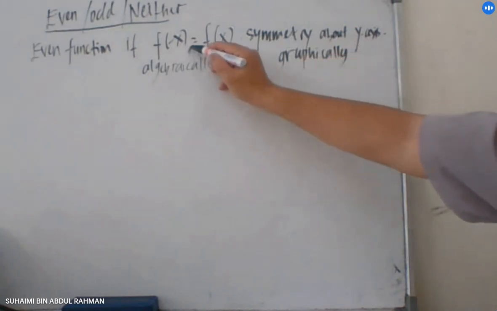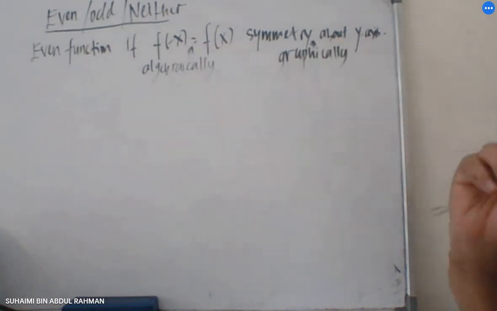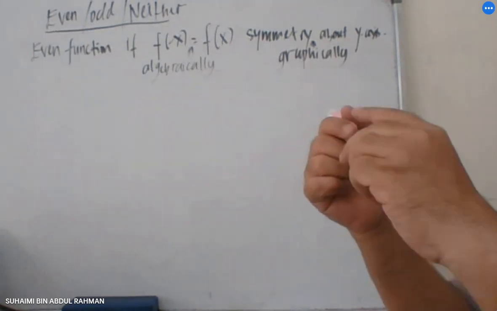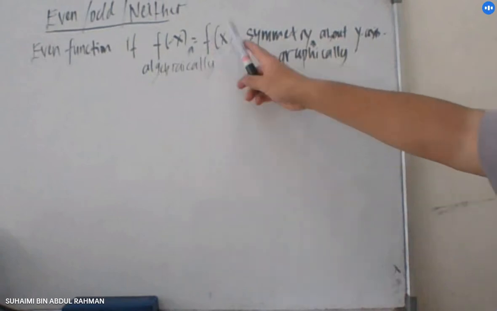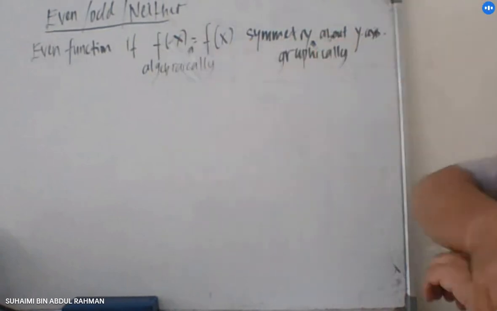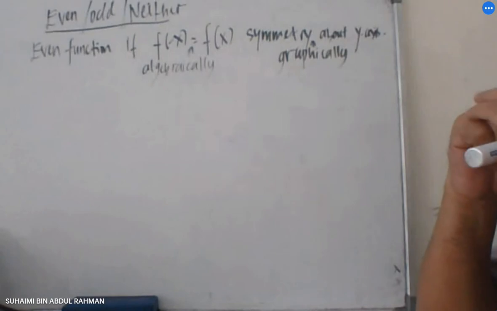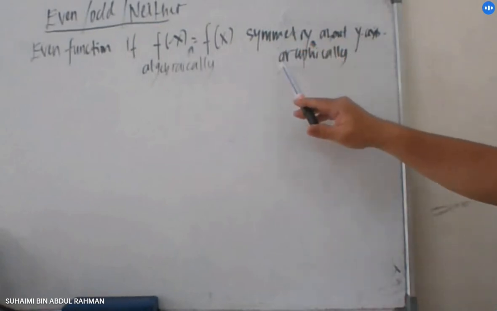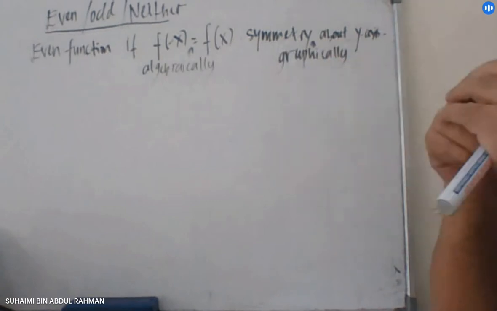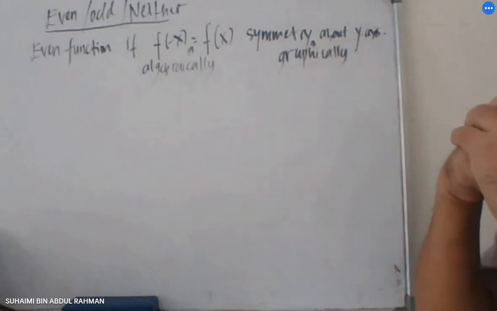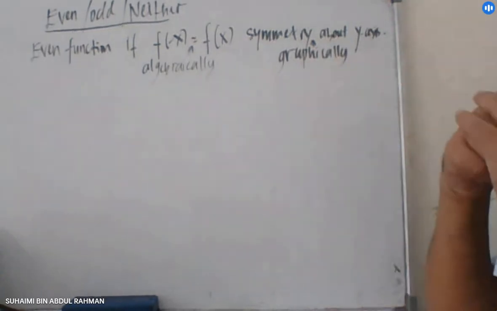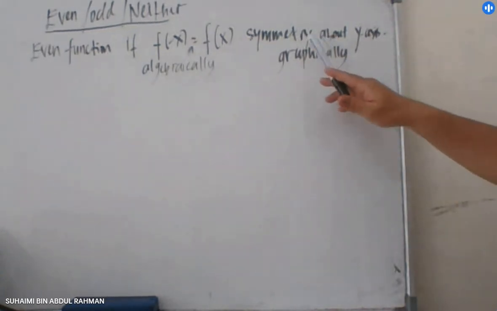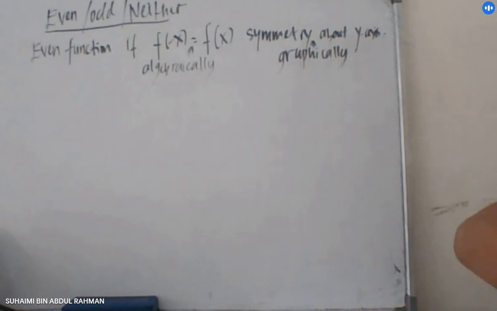This is algebraically, this is graphically. Normally for algebraically, we test one function not given in form of the graph. And graphically, we test one function given in form of the graph. We look at the shape of the graph. If the shape of the graph is symmetry about y-axis, that's even function.